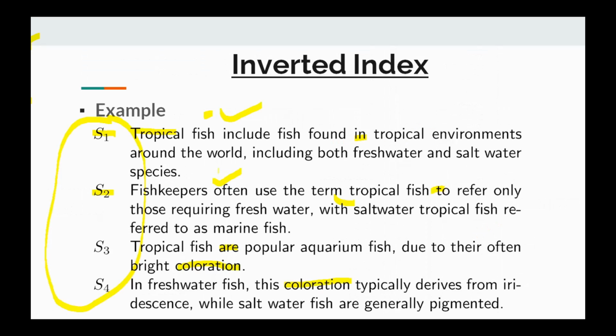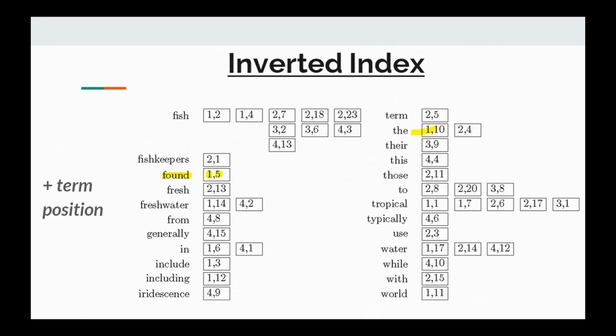Let's check: found is in document 1, and the order is 1, 2, 3, 4, and 5. That is the meaning here: 1, comma 5. 1 is the document location, and 5 is the order in the document.